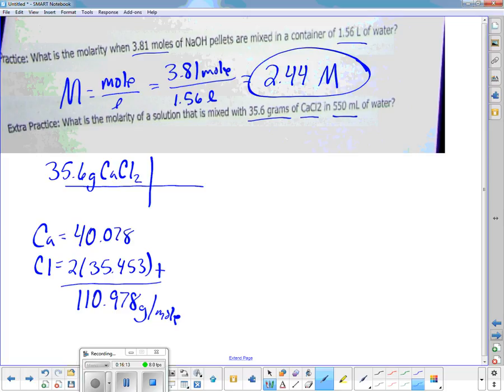I want to get rid of grams. So let's just do this, and we'll all be the same. That's why 5 is nice to round to. Okay, so on this one, we want to get rid of it, so we put grams on the bottom, and we put 1 mole on the top.